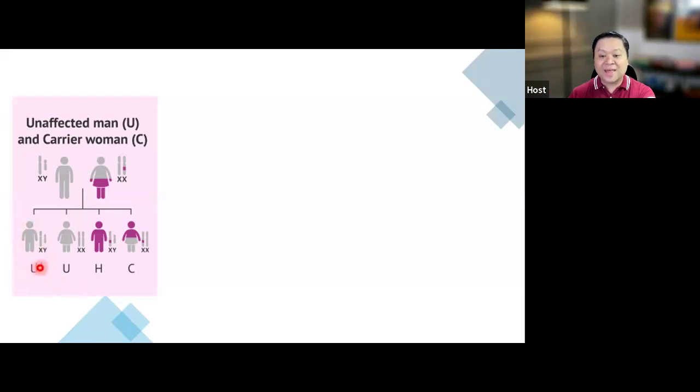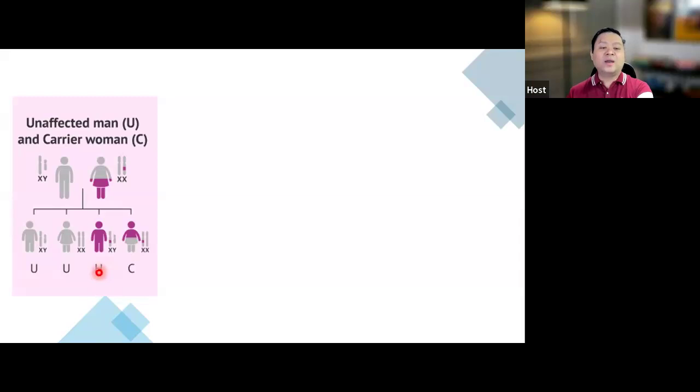Of course, he'll get the Y chromosome from the father. However, if the second son inherits at least one defective chromosome from the mother, this child will inherit the hemophilia disorder.